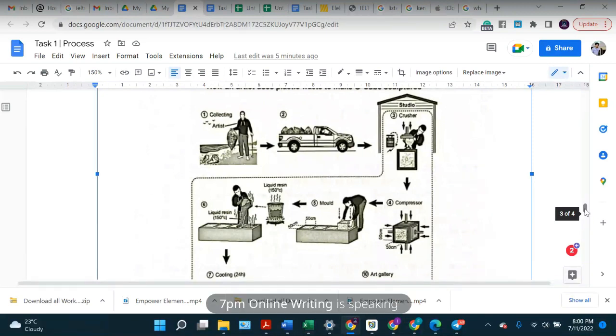It's just collecting and delivering to your studio. So just one sentence, maybe two at most. And having it as a separate paragraph doesn't really justify.